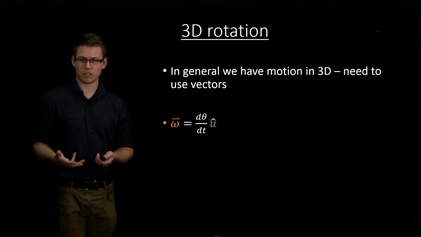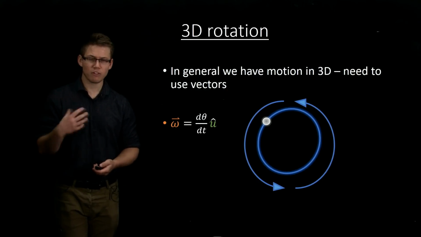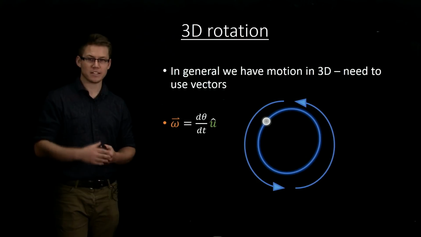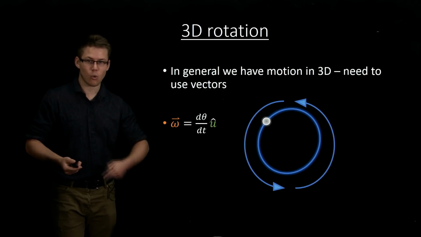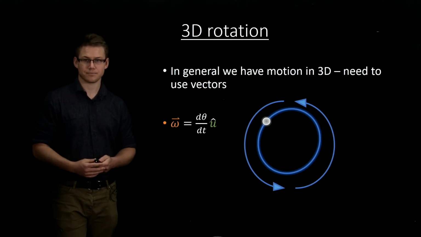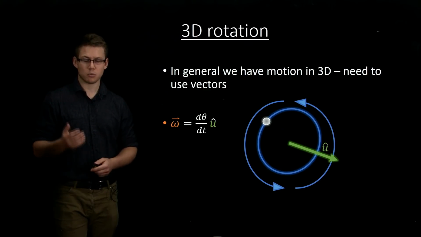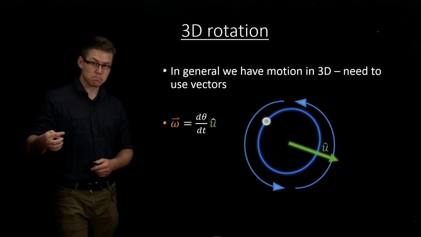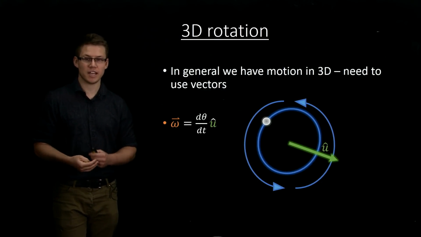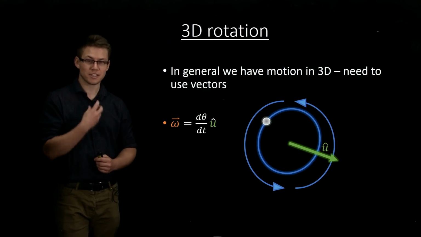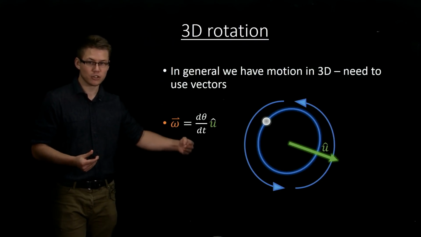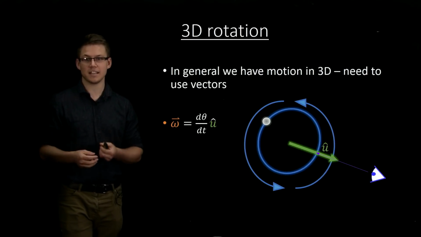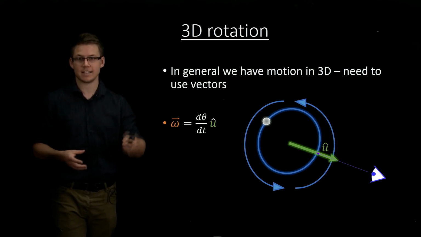Okay, but what direction does û point in? Well, firstly, let's imagine a particle in uniform circular motion again, rotating anti-clockwise in the page like this. We define a vector û, which lies perpendicular to that plane of rotation, such that when you look down the vector, from this direction in, what you see is that the motion is anti-clockwise.